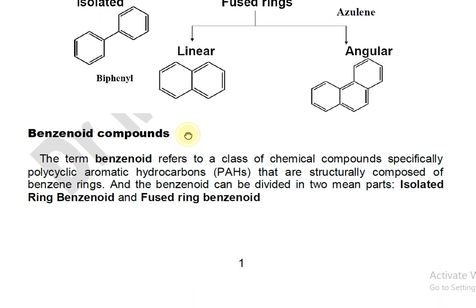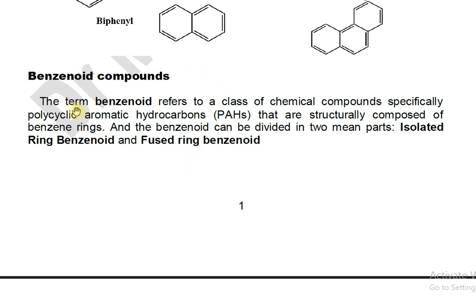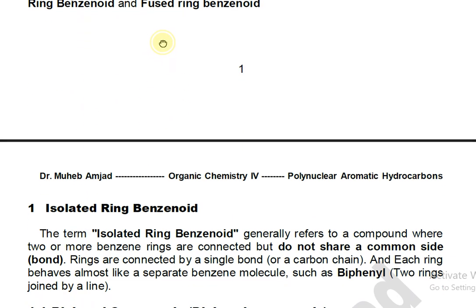So we start with the benzenoid compounds. The term benzenoids refers to the class of chemical compounds, especially polycyclic aromatic hydrocarbons, that are structurally composed of benzene rings. The benzenoid can be divided into two main parts, as we said before, the isolated and the fused benzenoid compounds.